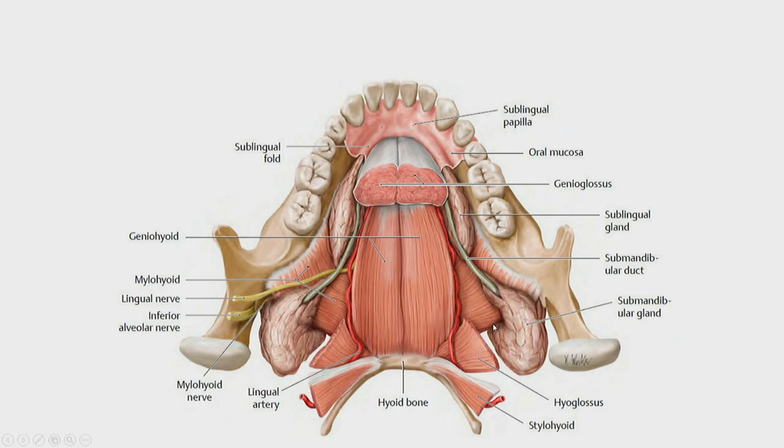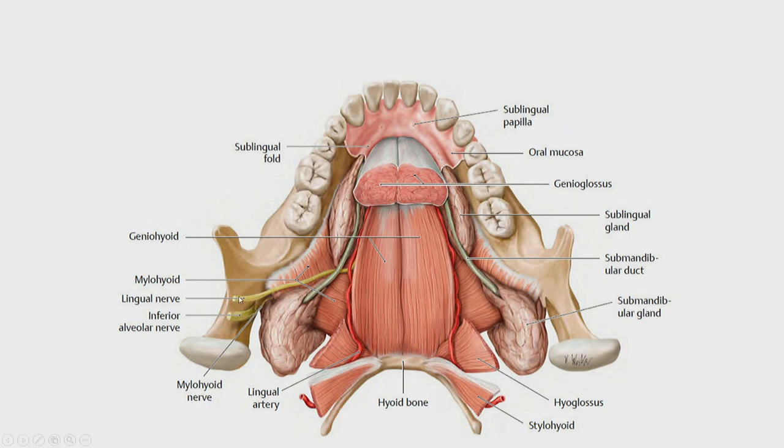You can see here that the submandibular gland is making a hook and is going over this free margin of the mylohyoid, and from there it's sending the submandibular duct, which opens to the caruncle, the sublingual caruncle.